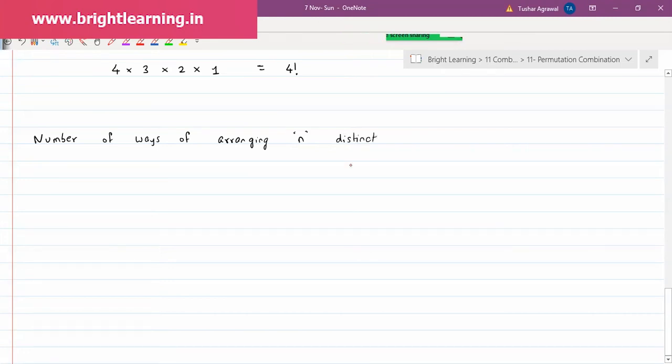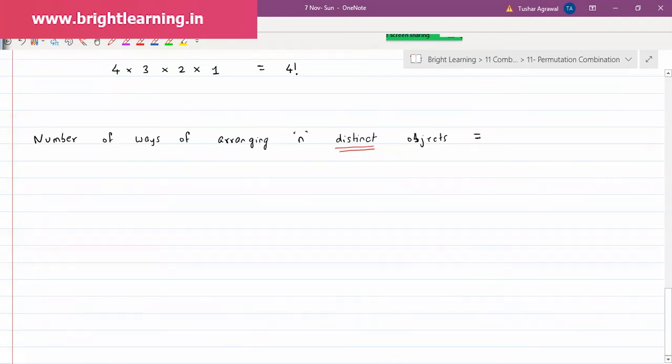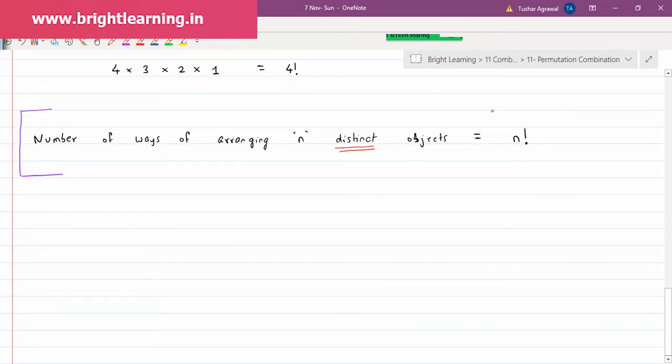I will give you examples when some of them are not distinct. The number of ways of arranging n distinct objects is equal to n factorial. Will everybody agree with me? Yes. So this is the first result for today. It will be n factorial.